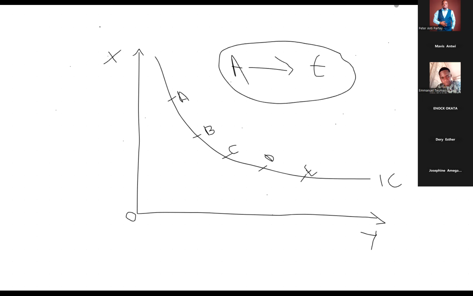So we say that the individual is indifferent among points on the same indifference curve. That needs to be clear.